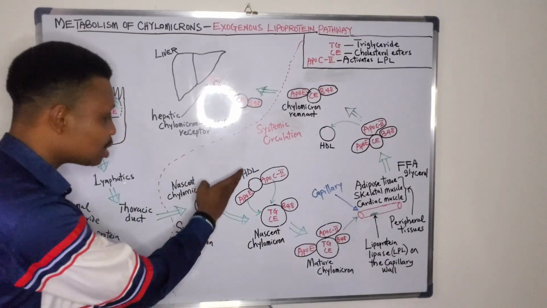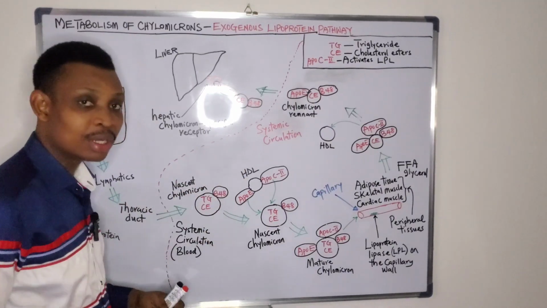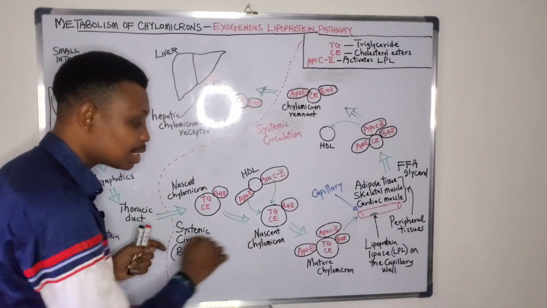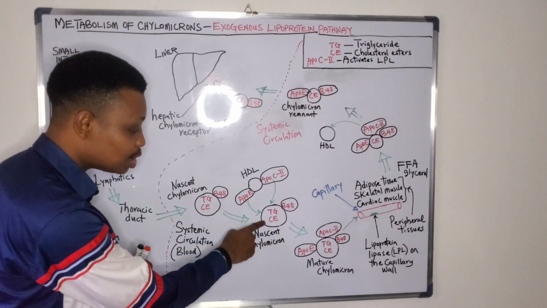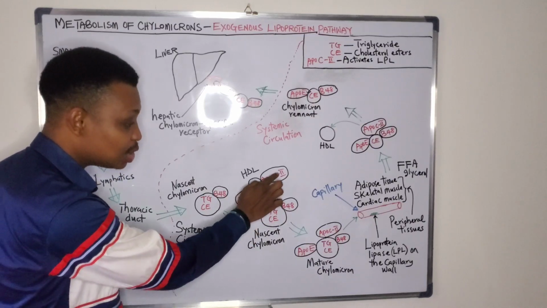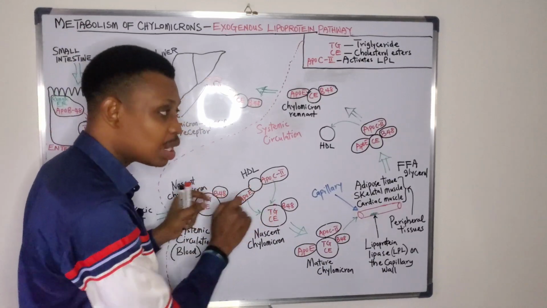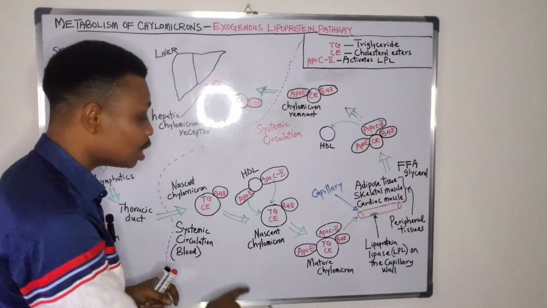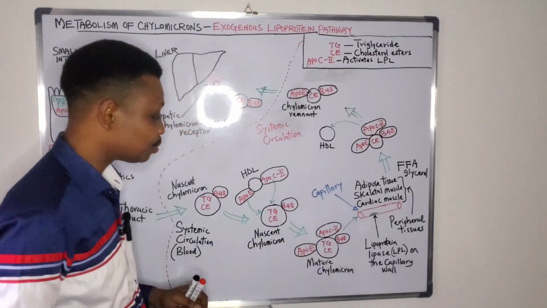What the HDL particle does, by association with the nascent chylomicron, is transfer these apoproteins to it. You can see there is a transfer of ApoE and of ApoC2 to this nascent chylomicron. When these two apoproteins have been transferred, it results in the formation of the mature chylomicron.